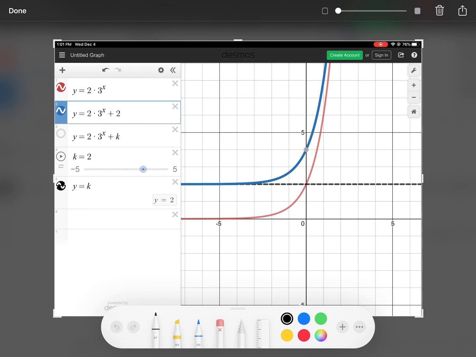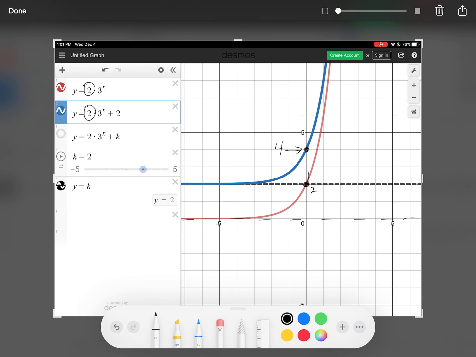So our original one had an asymptote right here, didn't it? Our starting point was here at 2, which we saw right here. We also see that on the blue, but if we look at our blue y-intercept, it's actually 4.